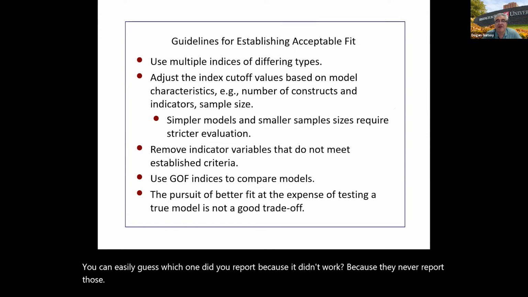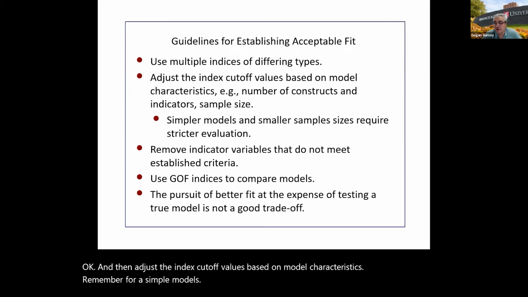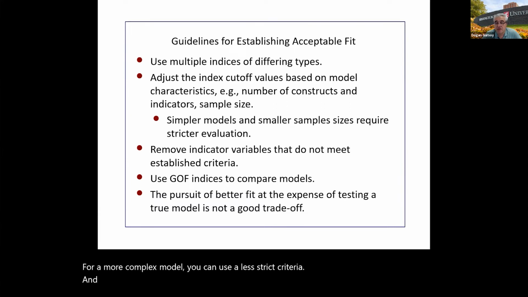And adjust the index cutoff values based on model characteristics. Remember, for simple models, be very strict. For a more complex model, you can use less strict criteria. And remove indicator variables that do not meet established criteria.